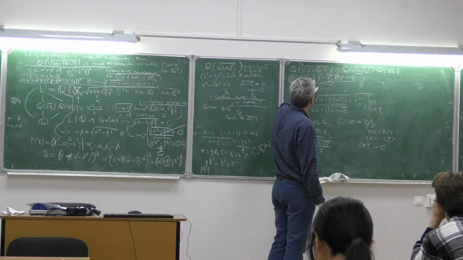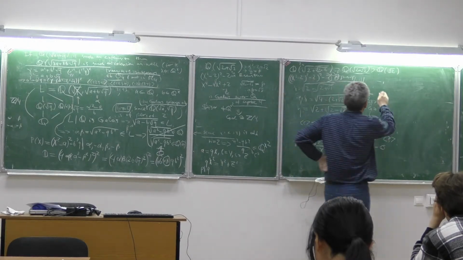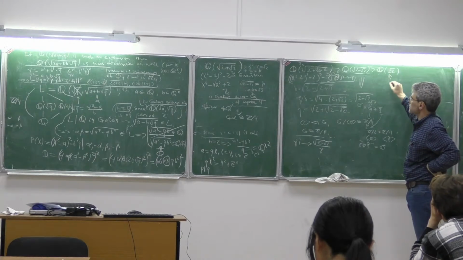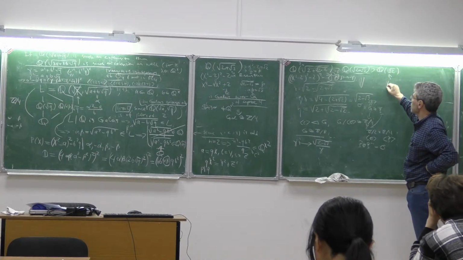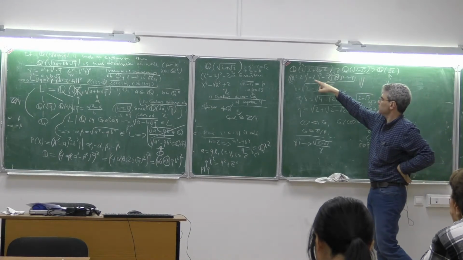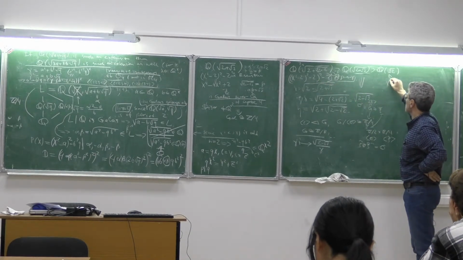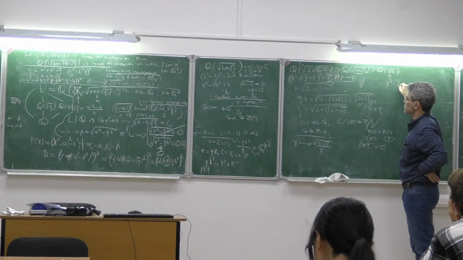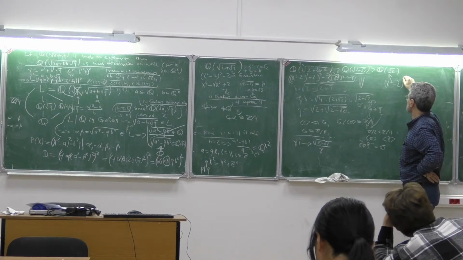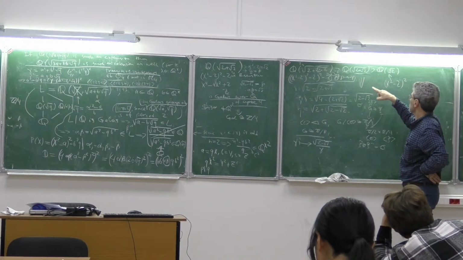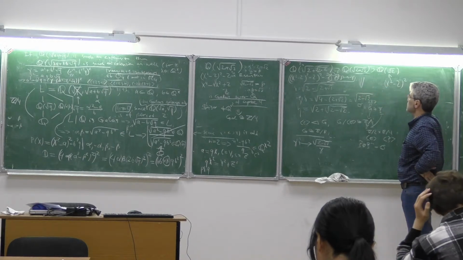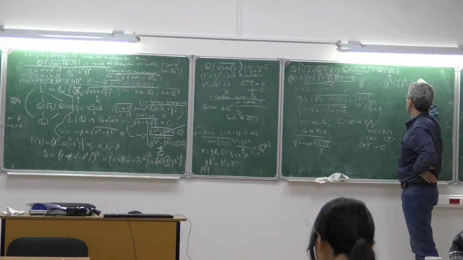Then the minimal polynomial over this one is, I'm not completely sure, but probably x squared minus 2, squared, minus 2 minus square root of 2.